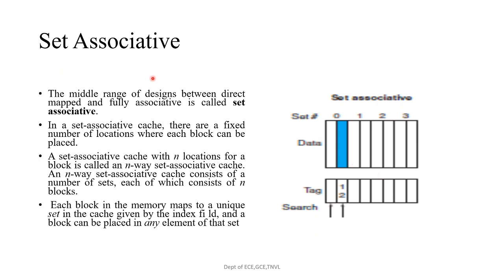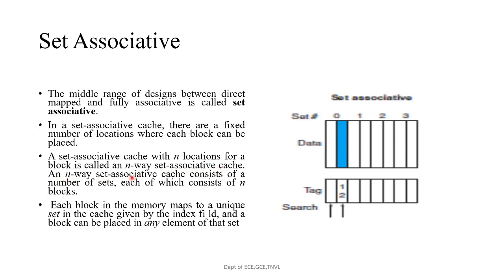So this is another thing, set associative. The middle range of designs between direct mapped and fully associative is called set associative. In a set associative cache, there are a fixed number of locations where each block can be placed. A set associative cache with n locations for a block is called an n-way set associative cache.